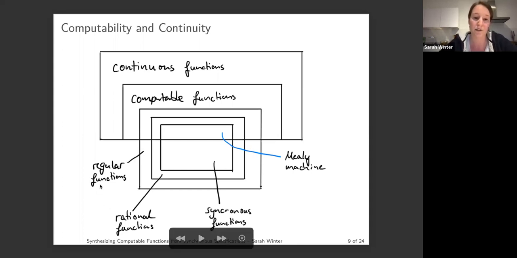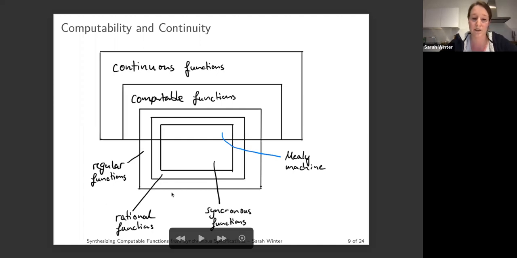The class of regular functions is a very powerful class of functions. There are many computation models that capture these kinds of functions, which are very expressive. Included in this class are rational functions. These are the functions computable by asynchronous transducers. We will later see an example of asynchronous transducers.